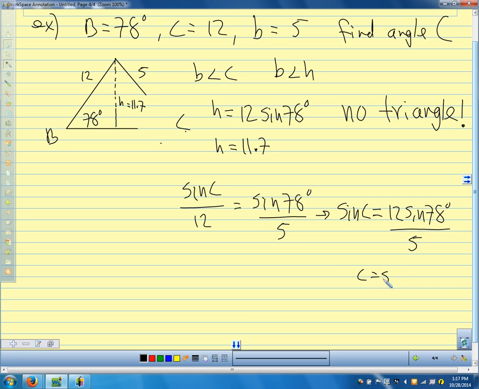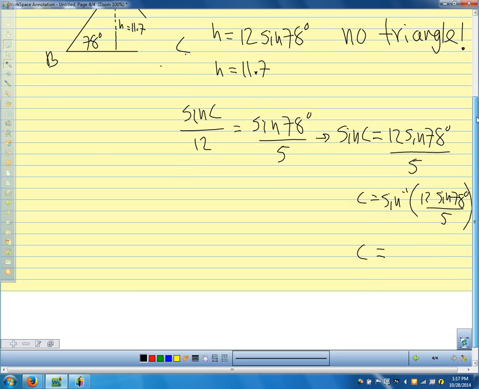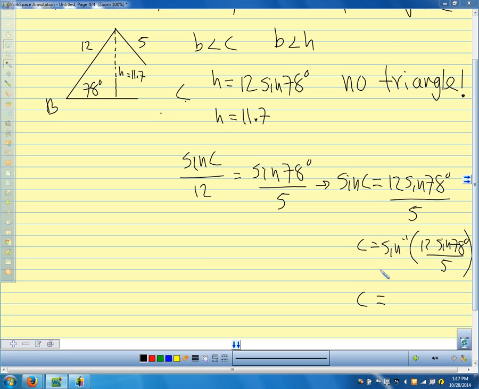So C is the inverse sine of 12 sine 78 over 5. Anybody have a calculator out? Plug that in your calculator and see what happens. What does it tell you? Error. So if I plug this in my calculator, I get an error.